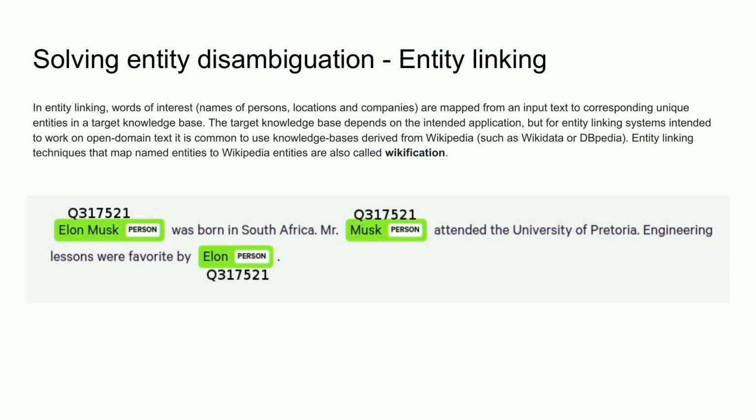Some of you might say that Wikipedia might not be the most accurate source, and I might agree, but I will also say that Google uses Wikipedia extensively, so if it's good enough for Google, it's also good enough for you and me.